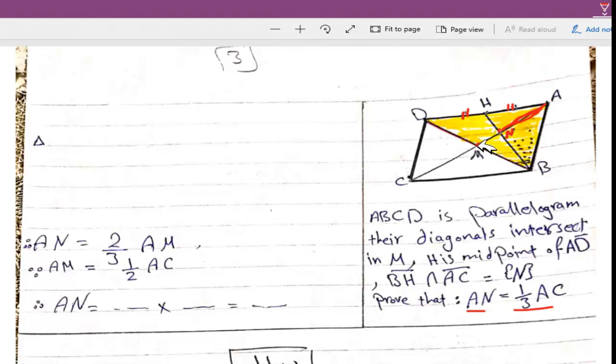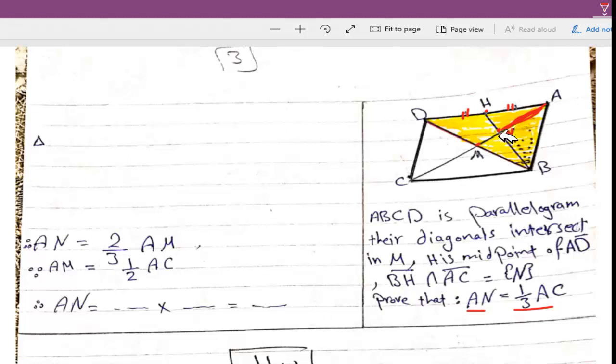So AM is median and BH is median. Since H is also the midpoint, BH is median, AM is median, and N is the point of intersection. So now I can use the ratios. AN equals 2/3 of this median. AN is 2/3 of AM. That is the first thing.